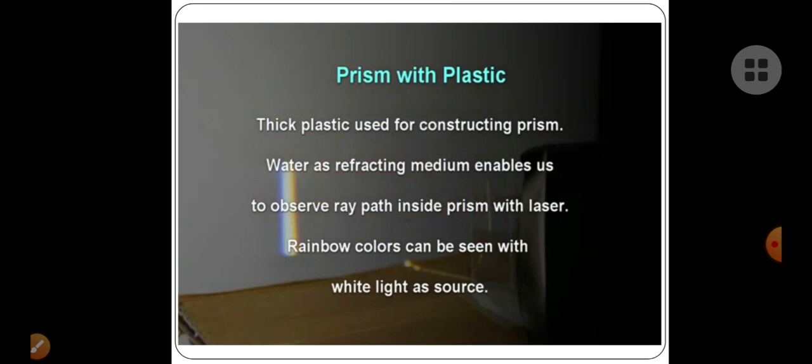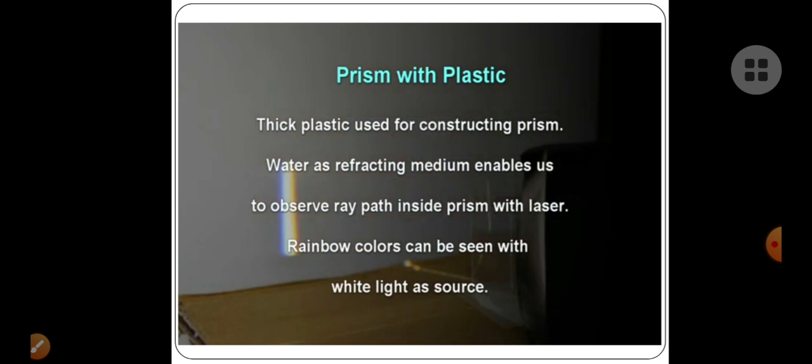For that, we can make a prism with the help of a plastic sheet at home, and we fill water or any other transparent liquid in that plastic prism, and then we see the deviation of rays of light across it.